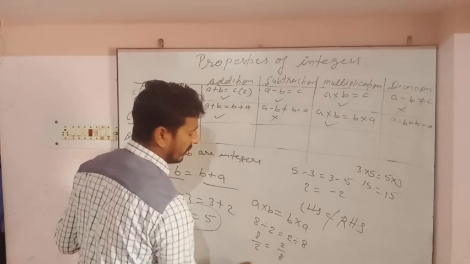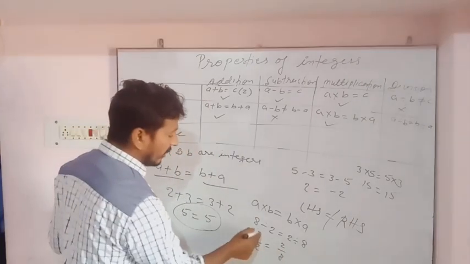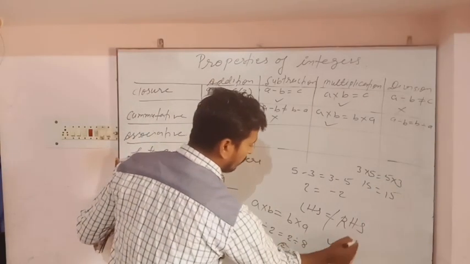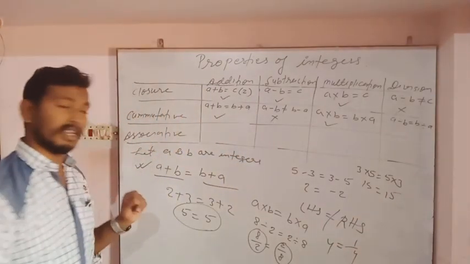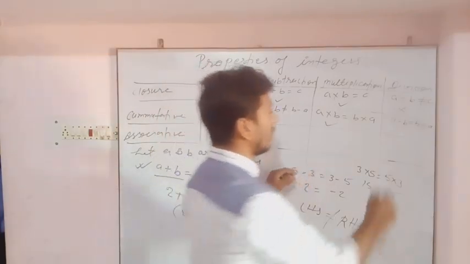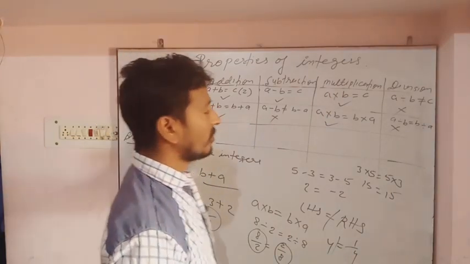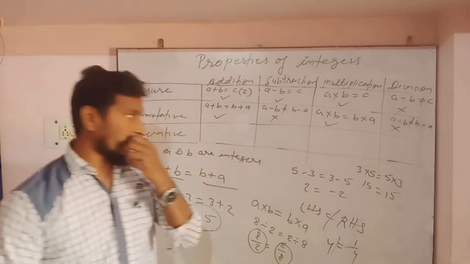In this case we will get 4 and in this case we will get 1 by 4. Are 4 and 1 by 4 equal? No, 4 and 1 by 4 are not equal. So we can say that commutative property is not closed over division. So a divided by b is not equal to b divided by a.